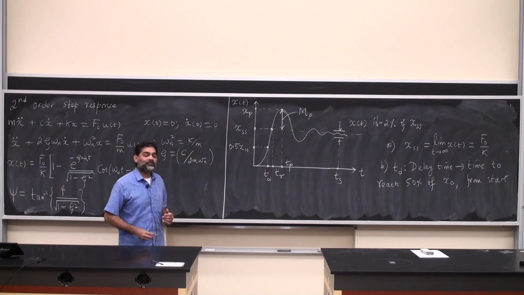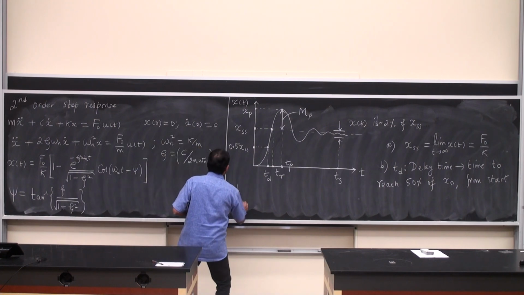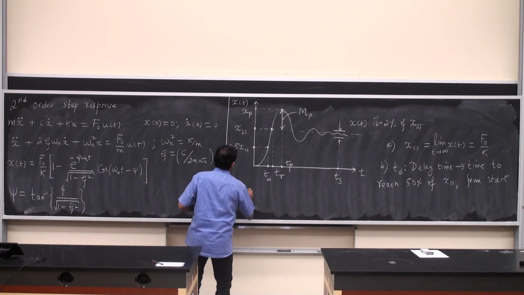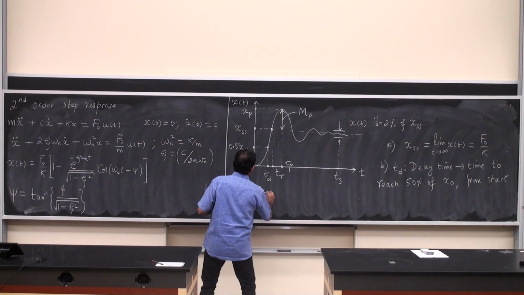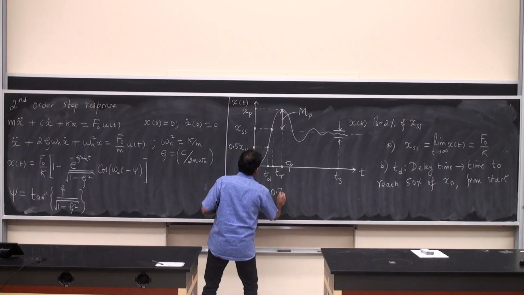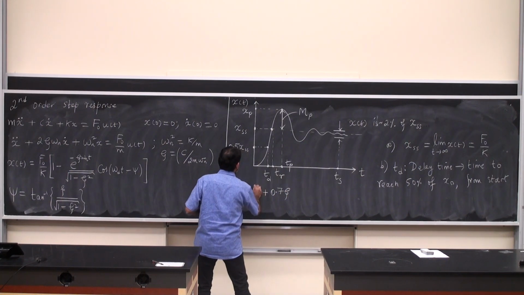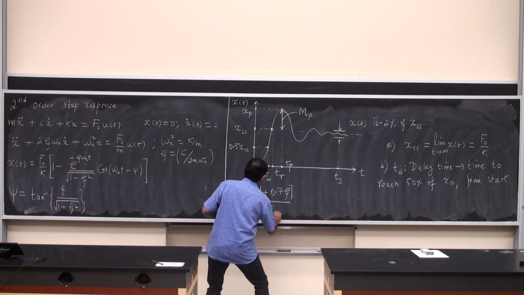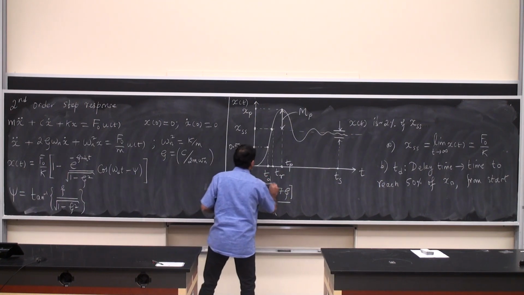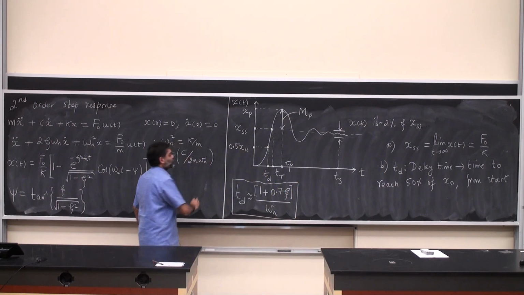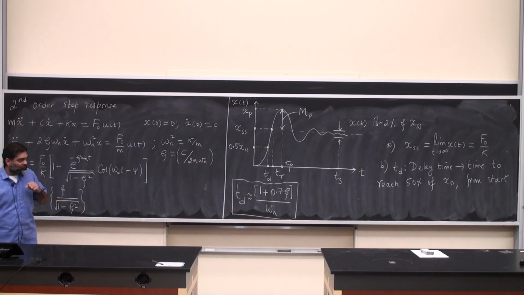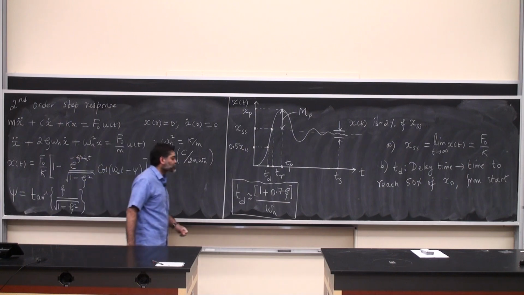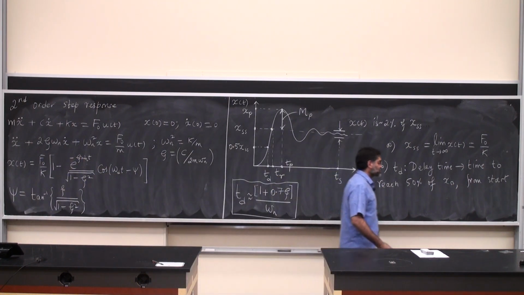I'm going to write that expression right here. So Td is approximately 1 plus 0.7 zeta by omega n. Okay? So this is an approximate equation, one can derive it. We're not going to derive these things.